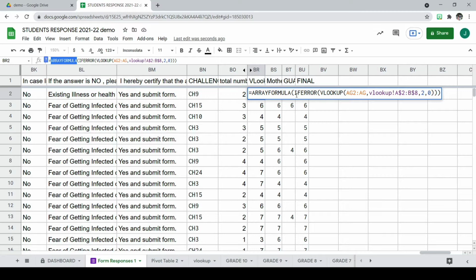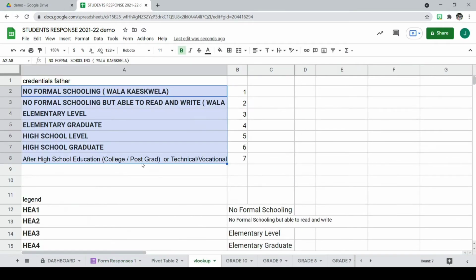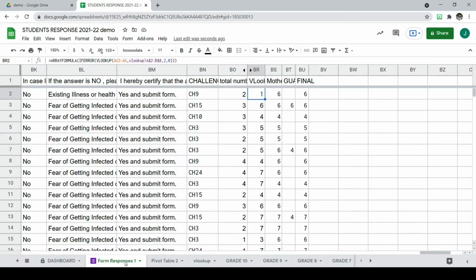So array formula, open parenthesis, IFERROR, VLOOKUP, then EG2. EG is where the father's answer appears, the highest educational attainment of the father. Then I made a small VLOOKUP, pulling from my sheets here, A up to B, B8.